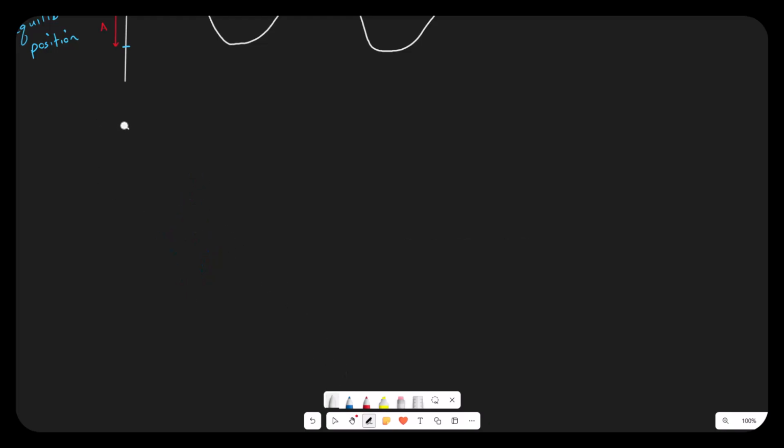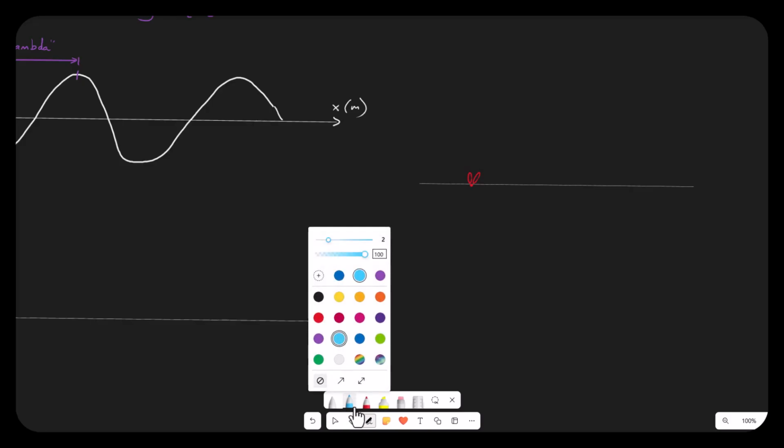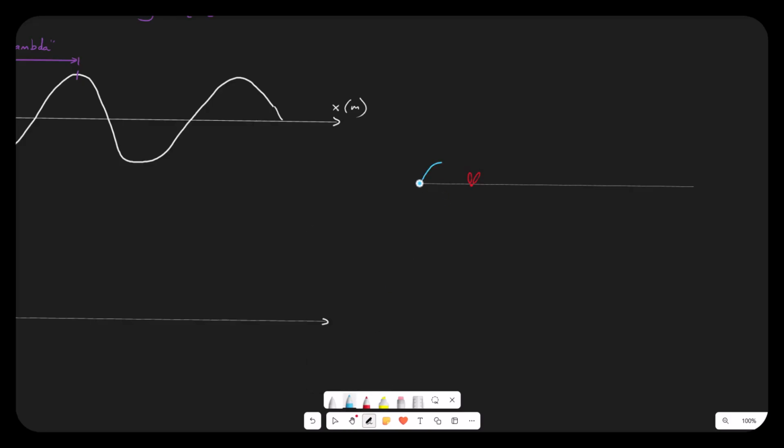If I take a set of axes like this, and I try and draw this out, now instead of taking my wave like this, the top graph, I'm saying I'm going to take this wave, which is doing this in this moment.